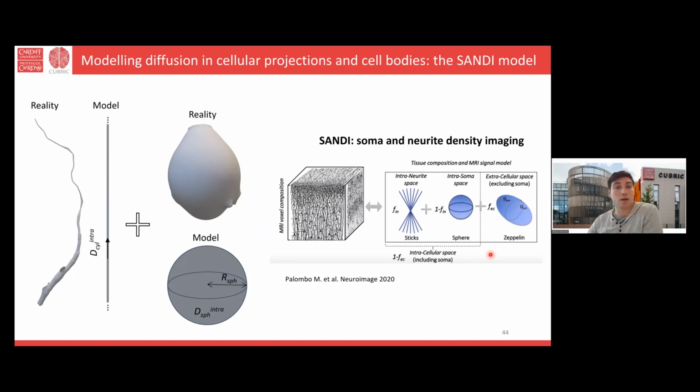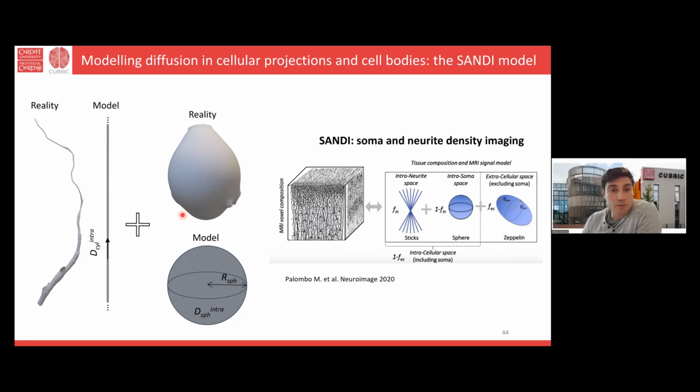That's what one of the first works, in the publication called Sandy, proposed: to add this feature into the model. As I explained before, after the fibers, the cell body is the second most important feature in the gray matter in terms of volume fraction and in terms of size. And so we could potentially measure it.